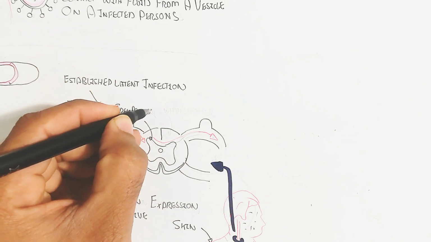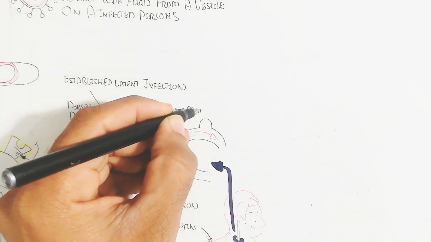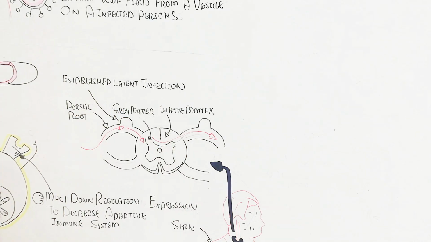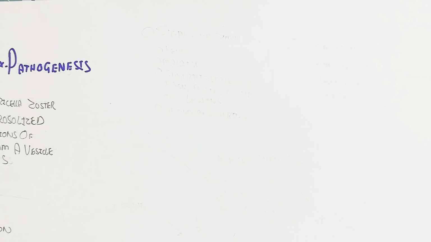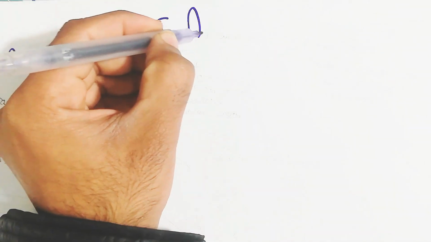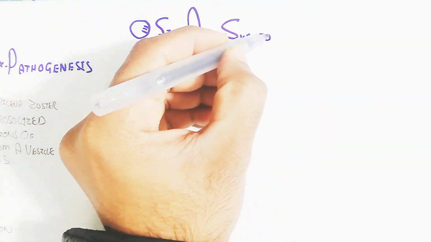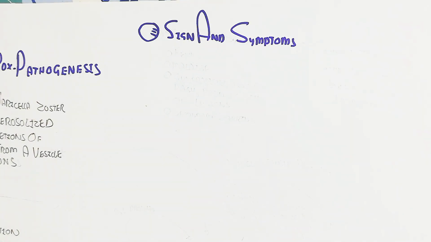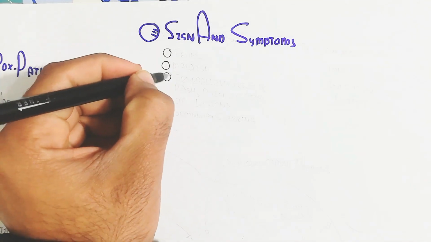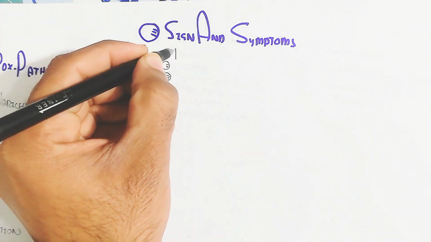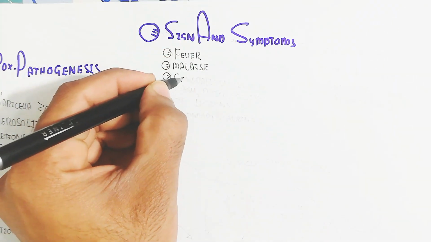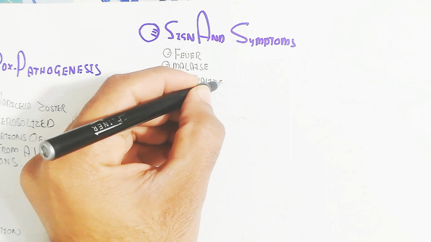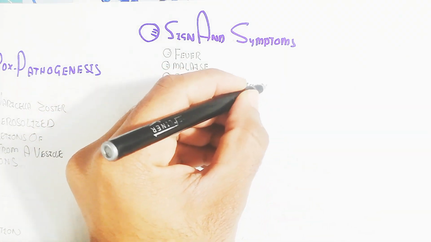Anyhow, by this mechanism, we will learn about the signs, symptoms and complications. The signs and symptoms can be fever, the temperature will be increased, malaise, as well as a generalized vesicular rash on the skin, and pain at the site of the lesion.